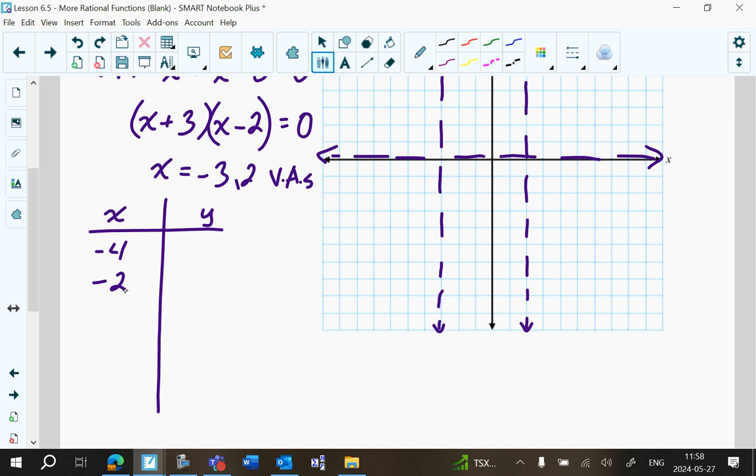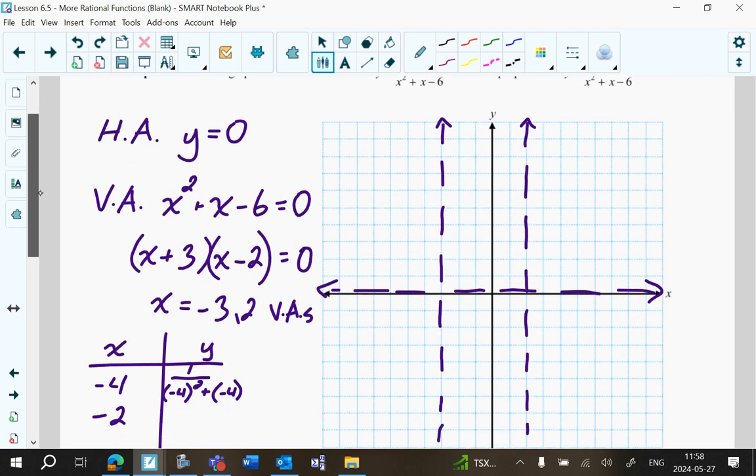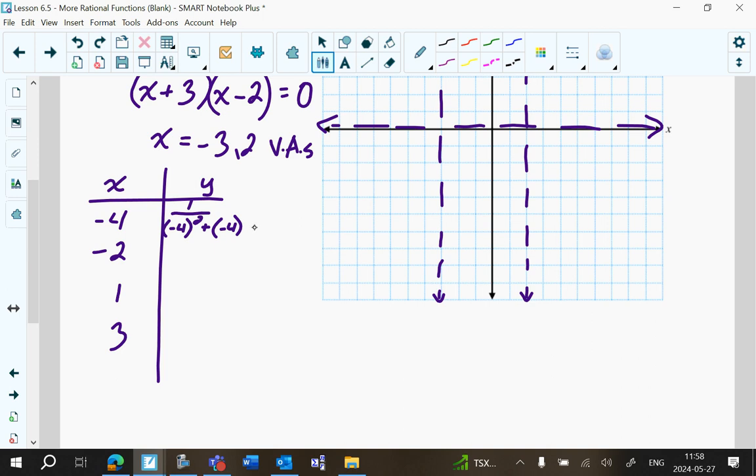Now this is going to take us a little while because look at the thing we have to plug it into. 1 over -4 squared plus -4 minus 6. And I have to calculate that.